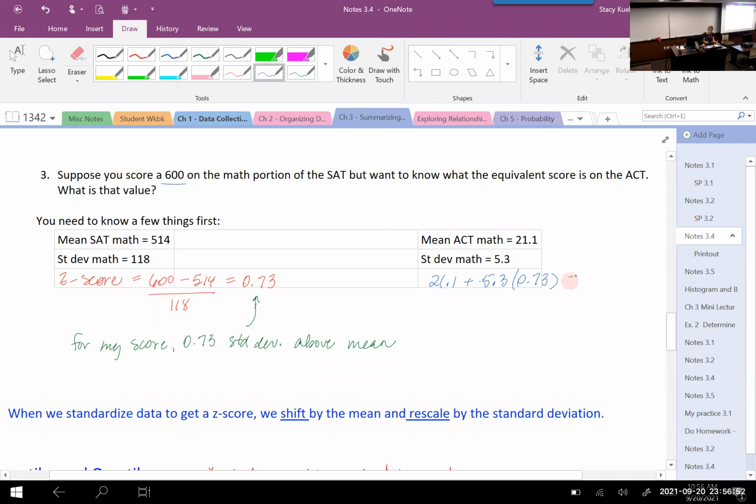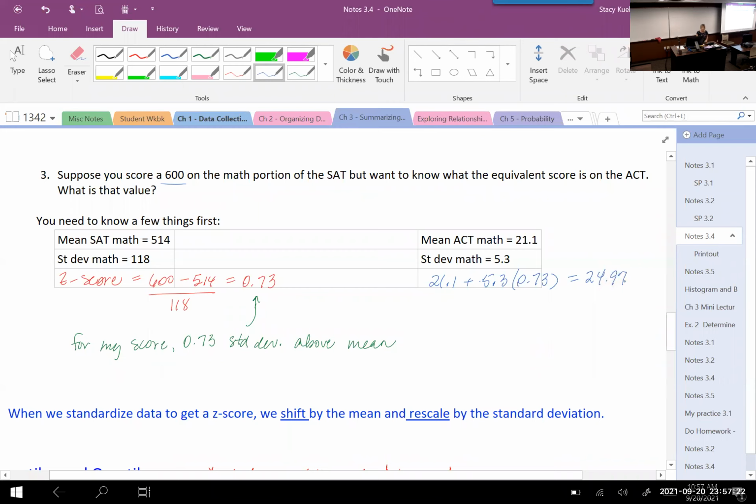I don't think I have the right number on here. Somebody do that math for me in their calculator really fast: 5.3 times 0.73 and add that to 21.1. 24.97.